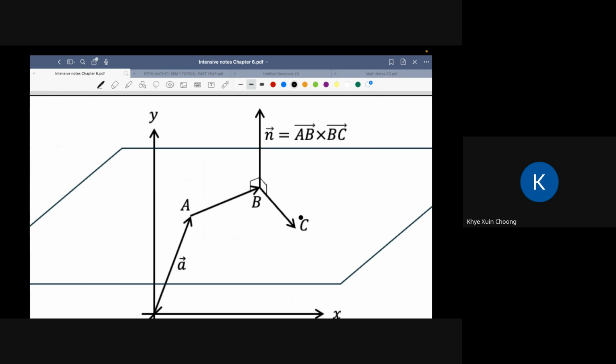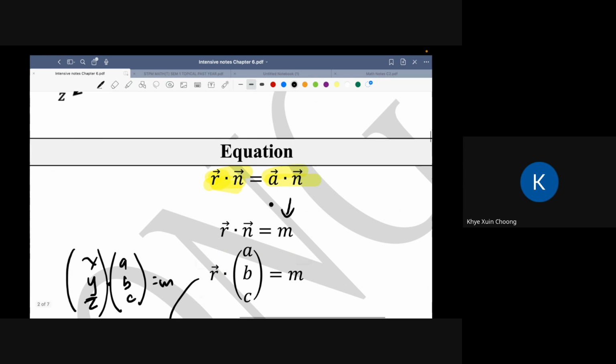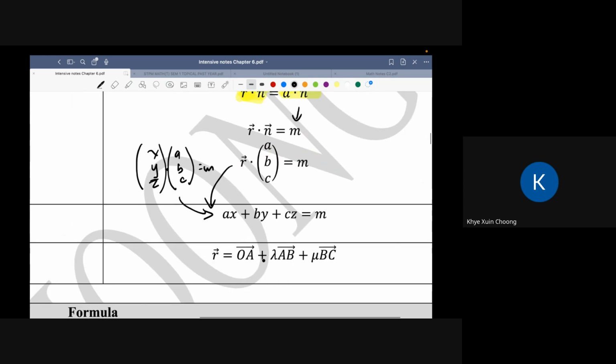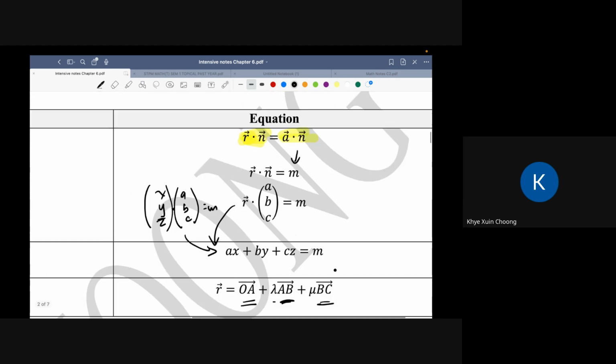If you want to explore the plane in two dimensions, you need at least two vectors that are not parallel. Then only can you explore the whole plane. So it's some position vector plus lambda times the first direction vector plus mu times the second direction vector.